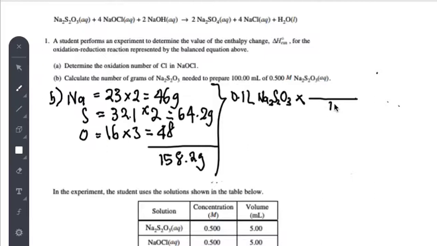So we'll have 1 liter down there, and then we know that 0.5 moles of Na2S2O3 on the top. Okay, so that liters and that liters have canceled out.